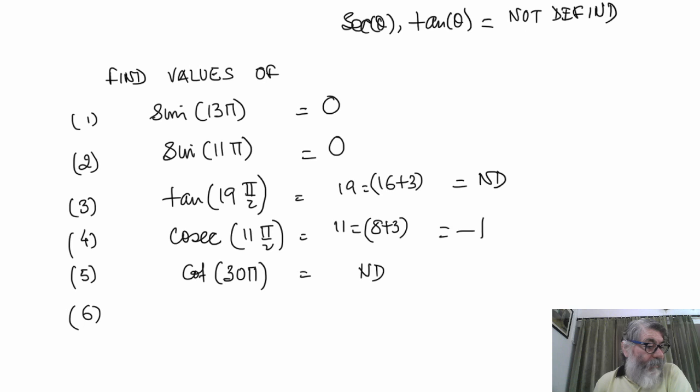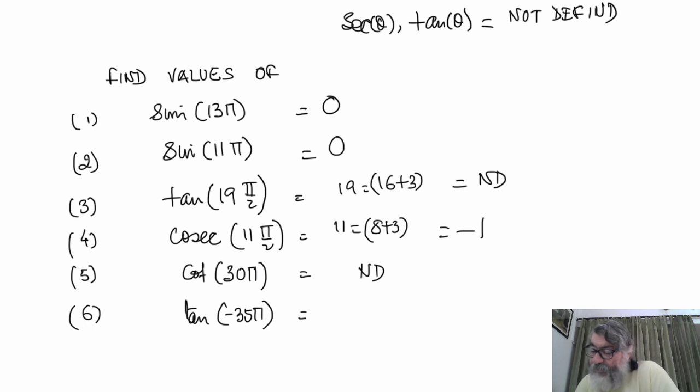6. Let us see tan minus 35 pi. Now tan minus 35 pi means what? It's a multiple of pi, and whether it is minus or plus, it will fall along OX dash.